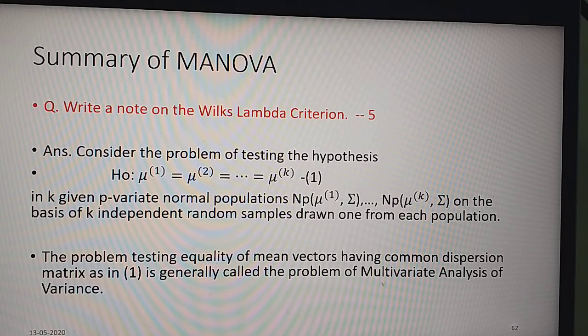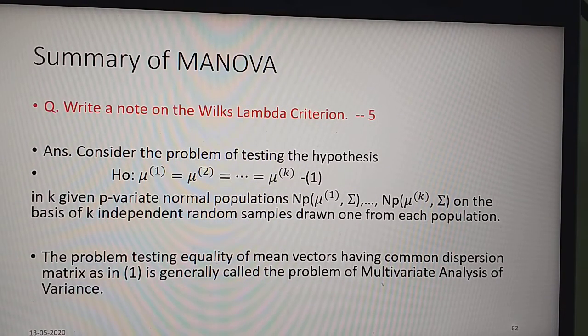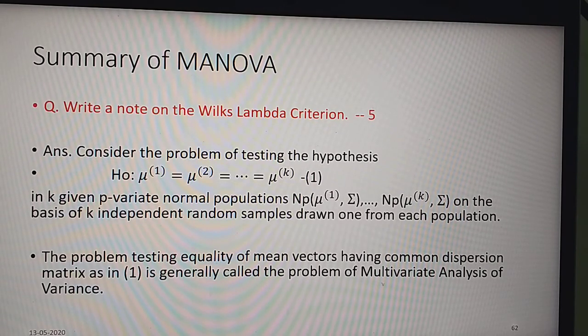So the answer to this question will be a summary of what we have described in multivariate analysis of variance. So we have to organize carefully what we have done from the beginning of the MANOVA till the end. So I will show you how to answer this question, a note on the Wilks lambda criterion.